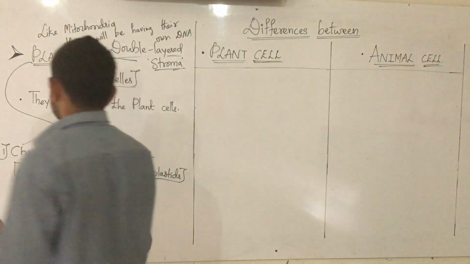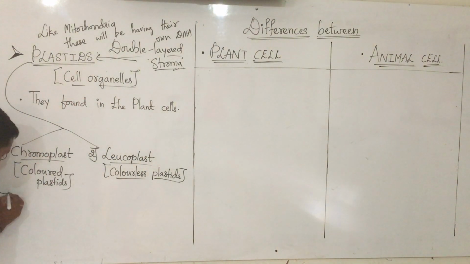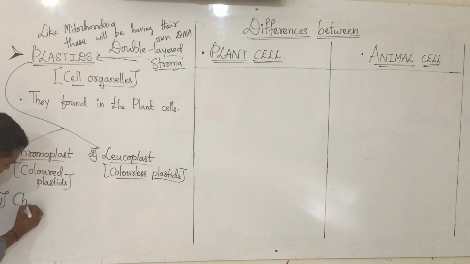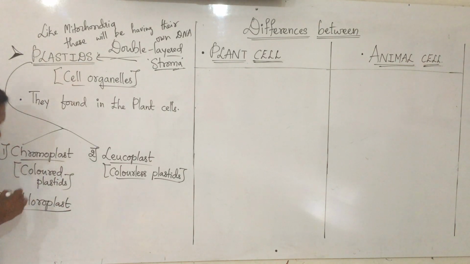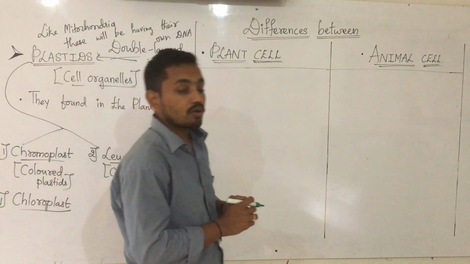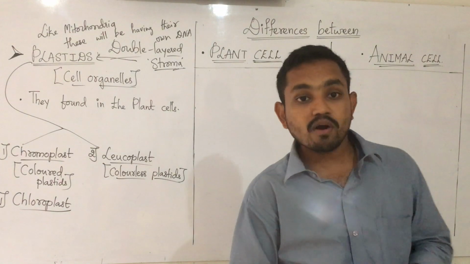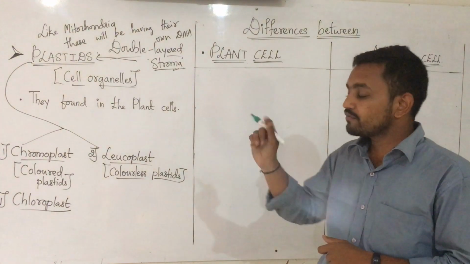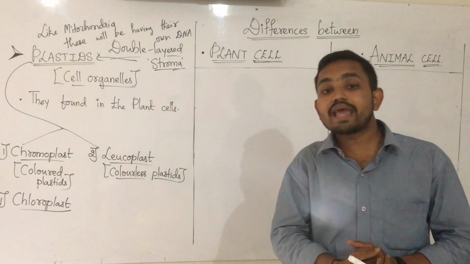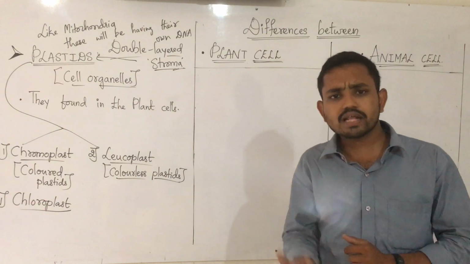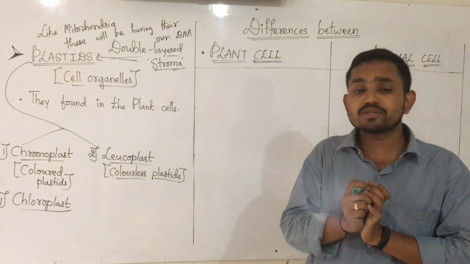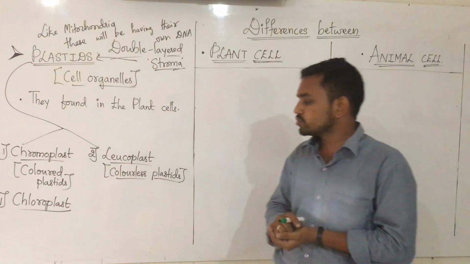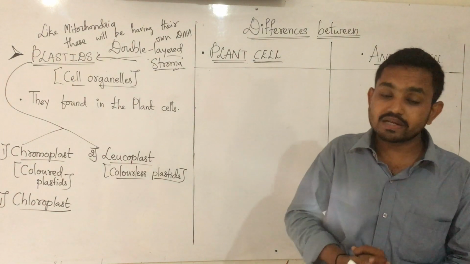In the chromoplast, we see one example called the chloroplast. I think you have heard the term chloroplast. The chloroplast is a type of chromoplast that has a green color pigment, and also orange, yellow, and reddish blue pigments.